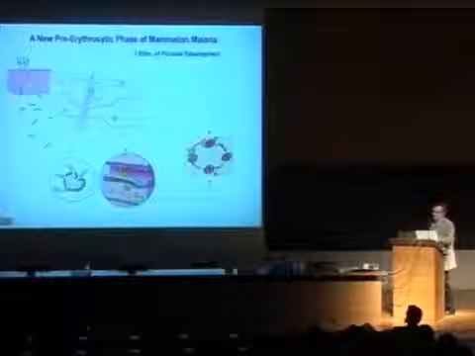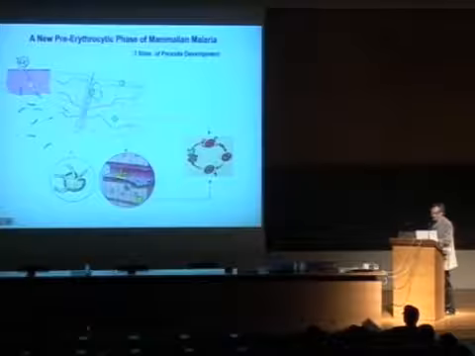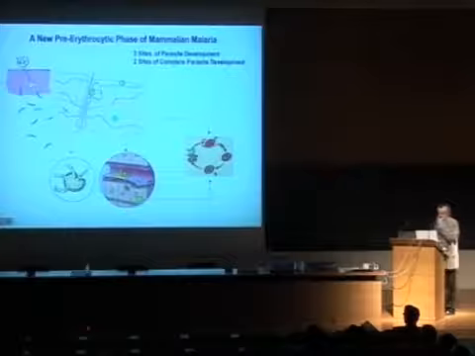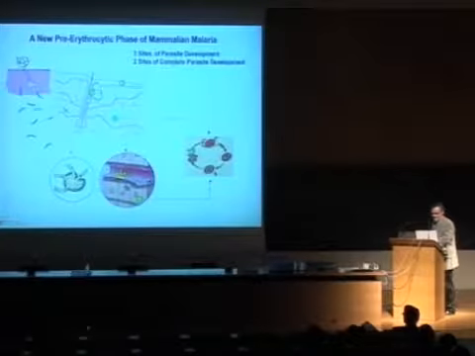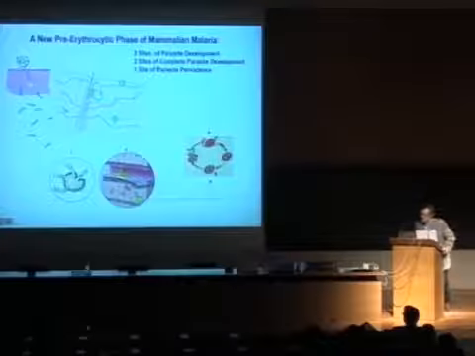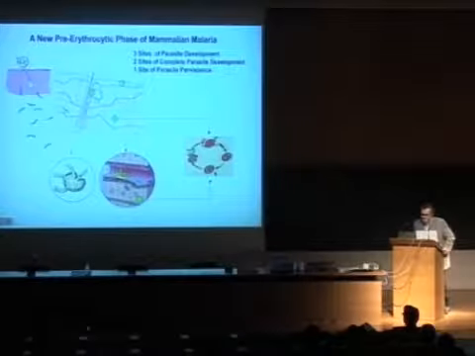So basically we have three sites of parasite development: the skin, the lymph node, and the liver. Two sites of complete parasite development, with the skin, probably most of them in the dermis, and the liver inside hepatocytes. And also an exciting new finding, which is a site of parasite persistence. We clearly still know little about that, but it's interesting because it's located along or associated with the hair follicle, which, as you know, is one of the rare immunoprivileged sites in the mammalian body.